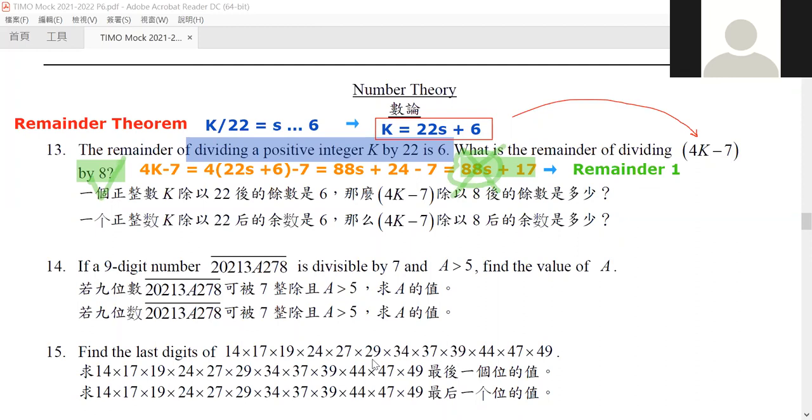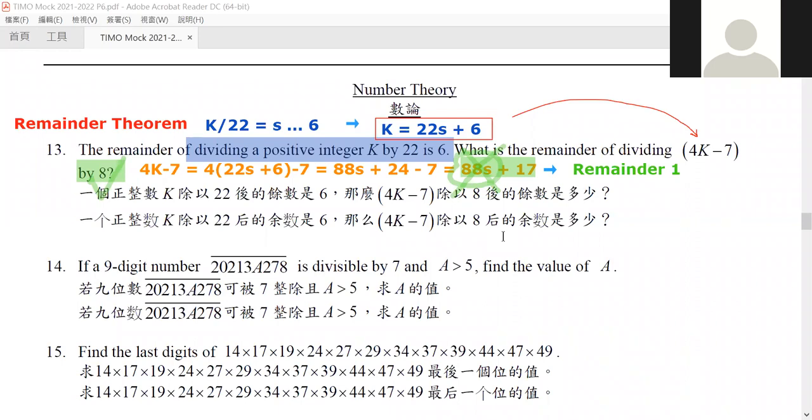Okay, so this is question 13. Again, based on the remainder theorem, we can rewrite our information that K divided by 22 has a remainder of 6 as K equals 22S plus 6.